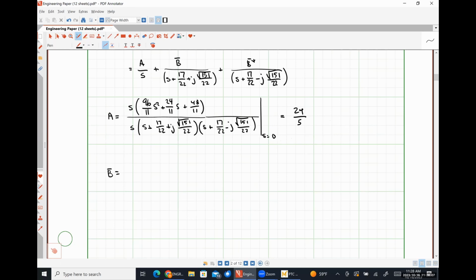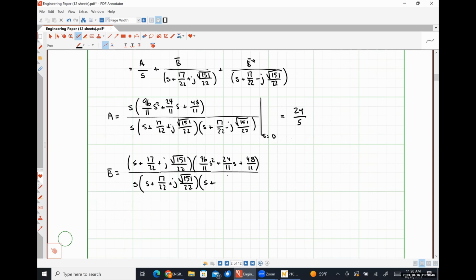B is going to be s plus 17 over 22 plus j root 151 over 22 times 96 elevenths s squared plus 24 elevenths s plus 48 over 11, divided by s times s plus 17 over 22 plus j root 151 over 22, s plus 17 over 22 minus j root 151 over 22.